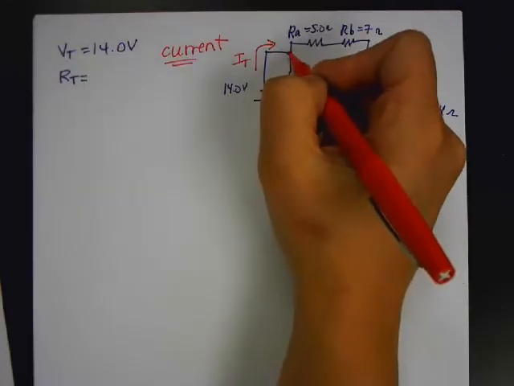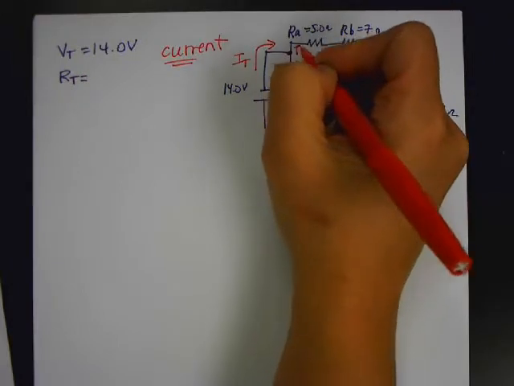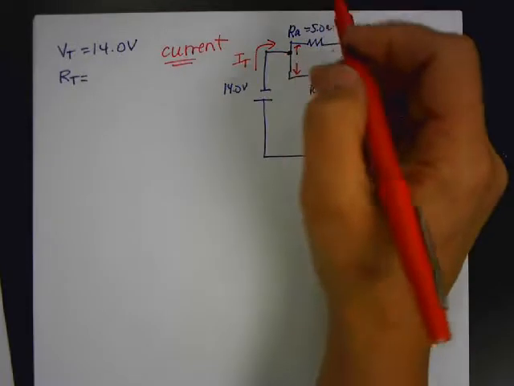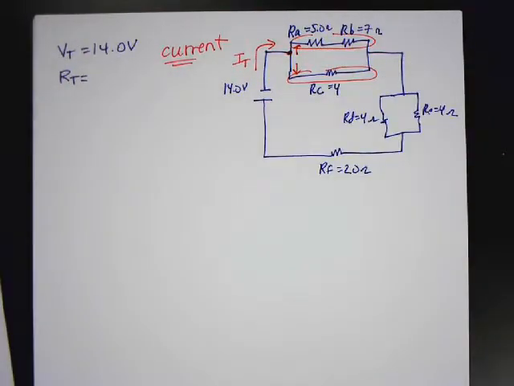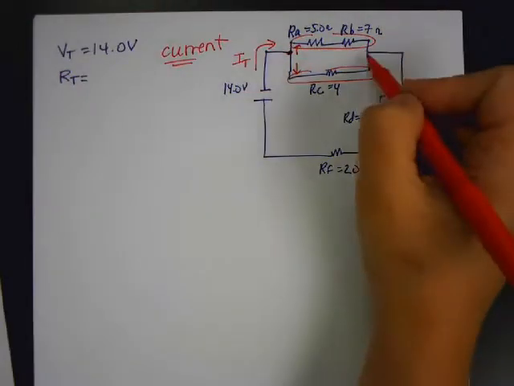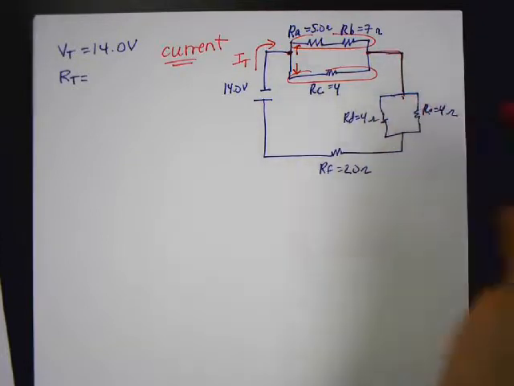Now what happens at this point? Isn't some of the current going to go here and some is going to go here? Right? So that means that this branch and this branch are in parallel with one another because it's going to split. Then it comes all back together. So now I have my total again flowing through here. But what happens here?